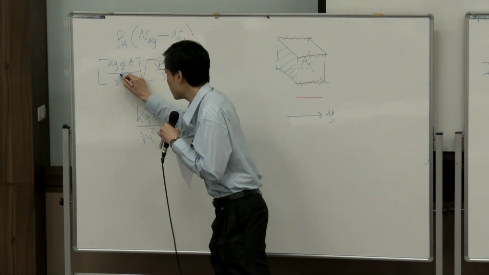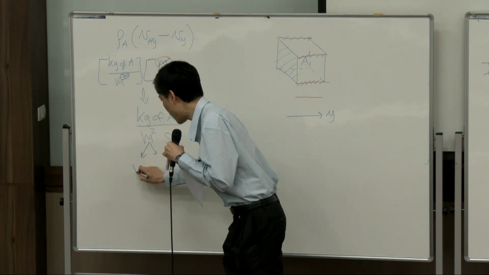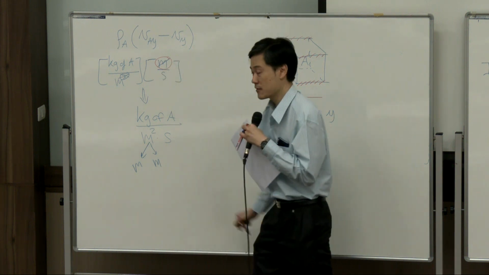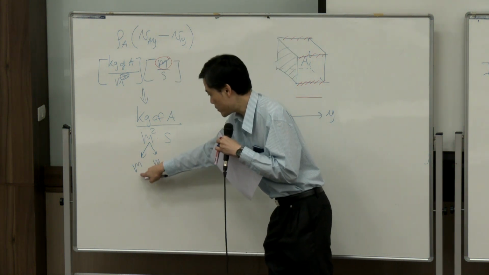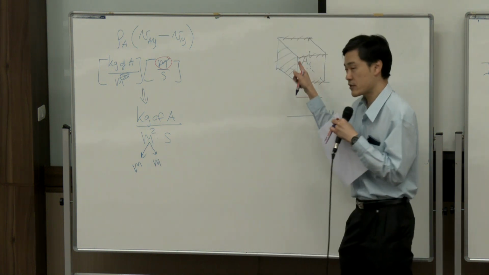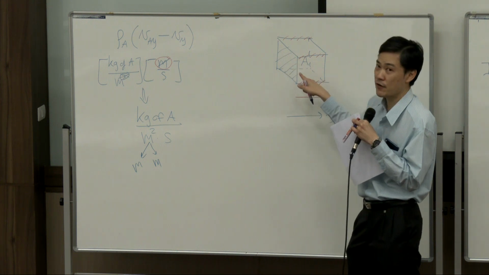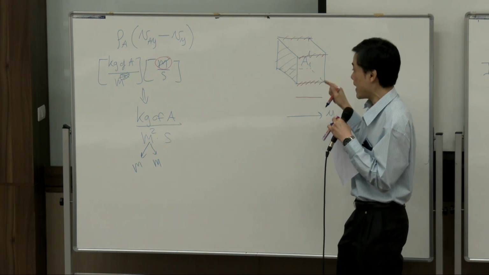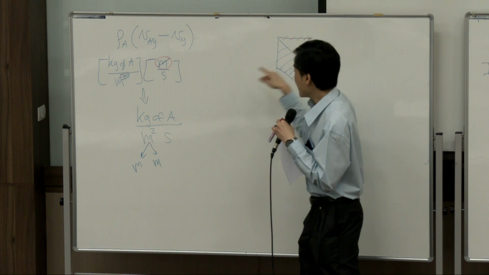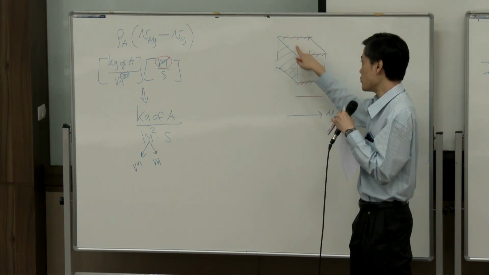So when you cancel this one out, you get meter squared. You get one meter, another meter. One meter is in the x direction, the other one is in the z direction, highlighted with the blue ink over here. And you see that it is kilogram of A traveling in the y direction per unit area.